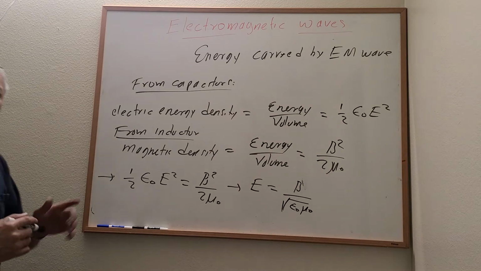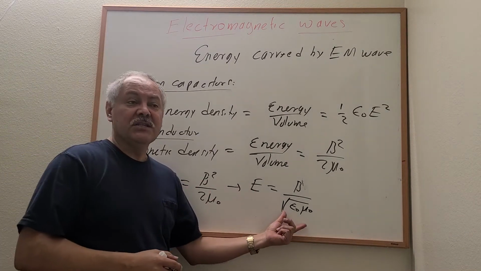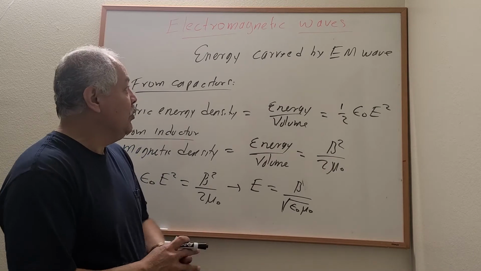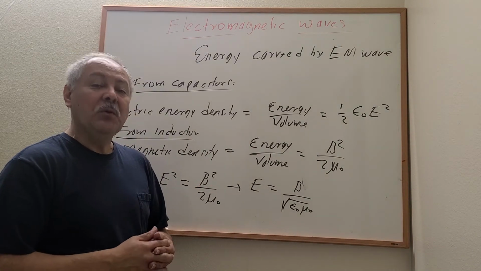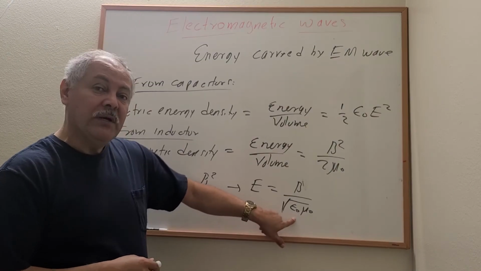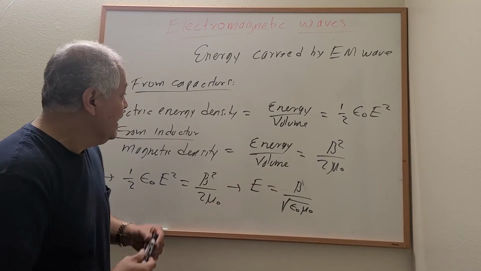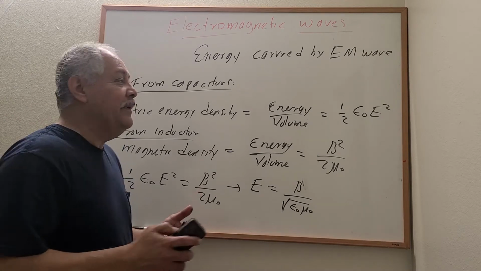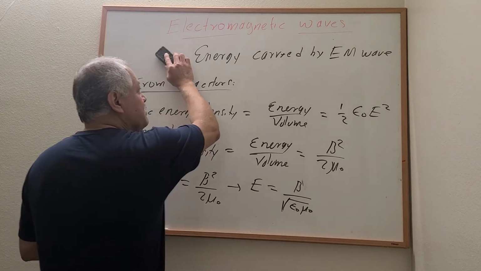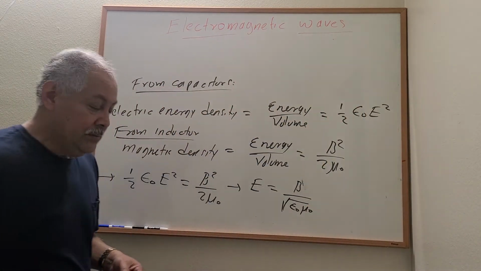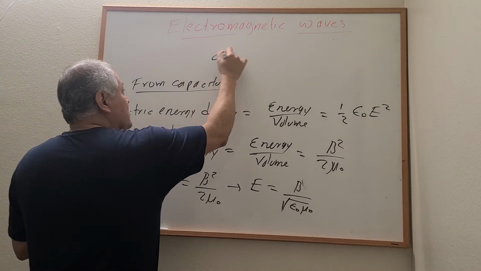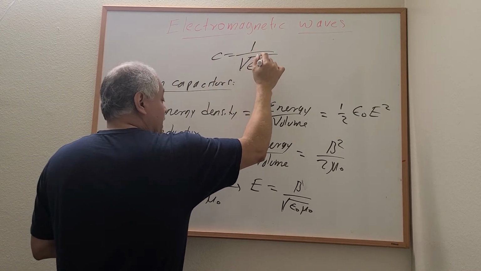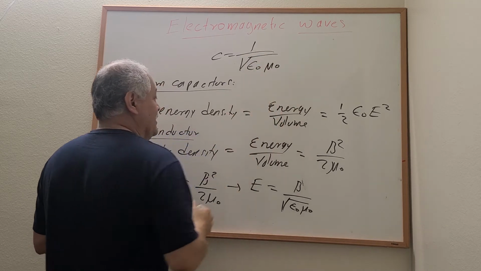This is one of the most important results that we get when we are dealing with electromagnetic waves. It was found by Maxwell that this quantity is actually the speed of light. The magnitude is just the speed of light, so the speed of light equals 1 over the square root of epsilon naught mu naught.